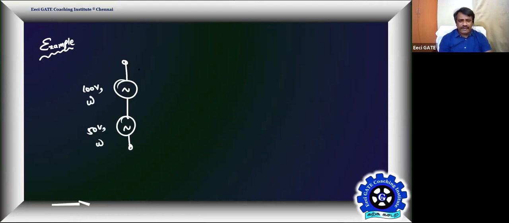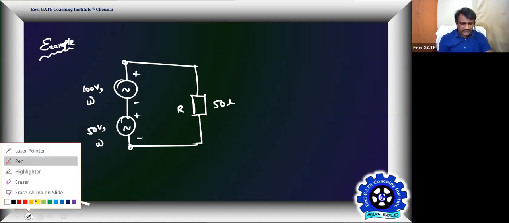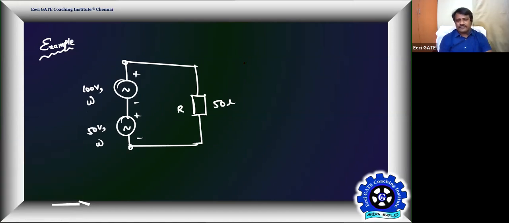I'm putting plus minus and plus minus, and connecting it to a resistor of 50 ohms. Tell me what is the power delivered to the resistor?